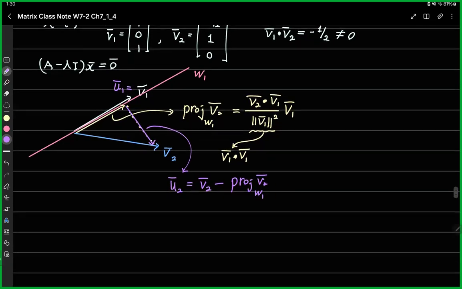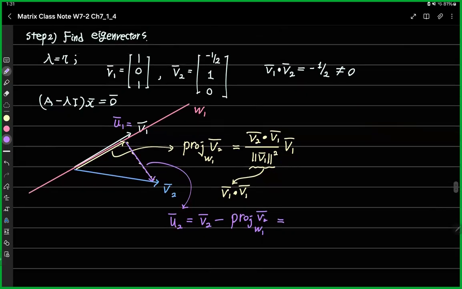So put the numbers in here and here. Combining everything, you end up with -1/4, 1, and 1/4.